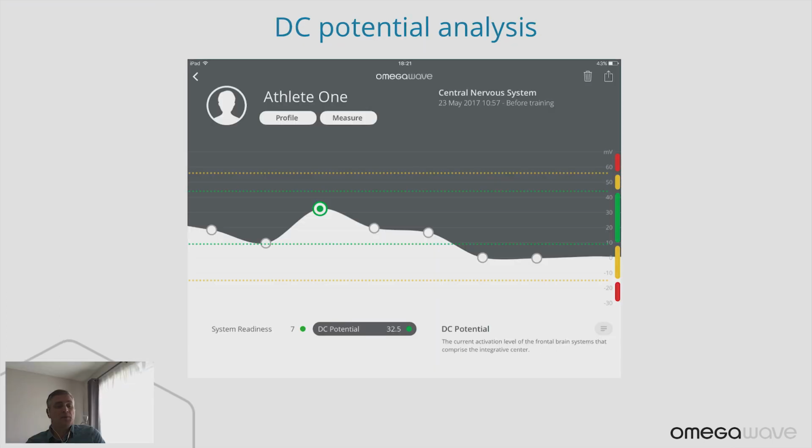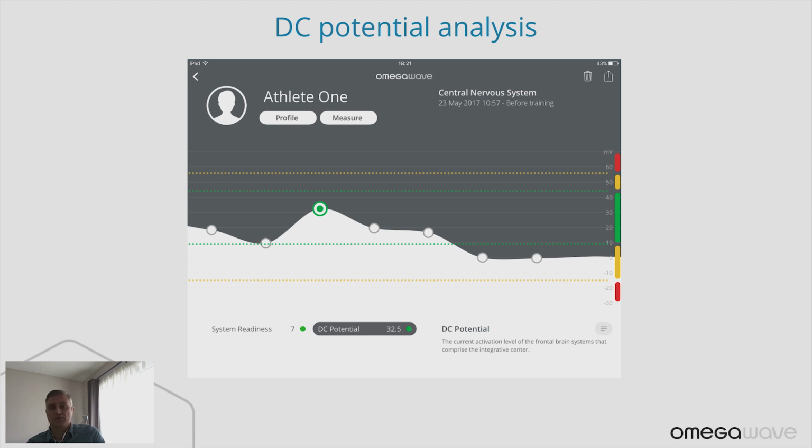So DC potential measures slow physiological processes in the brain. Classic DC potential is between 0 and 0.5 millivolts. In our particular case, when we talk about Omegawave, it's 0 to 0.05 millivolts.